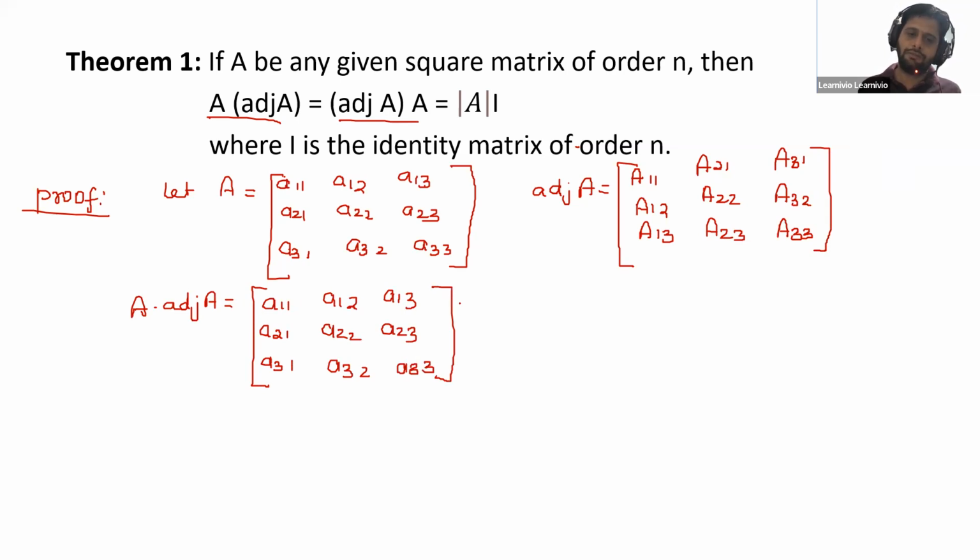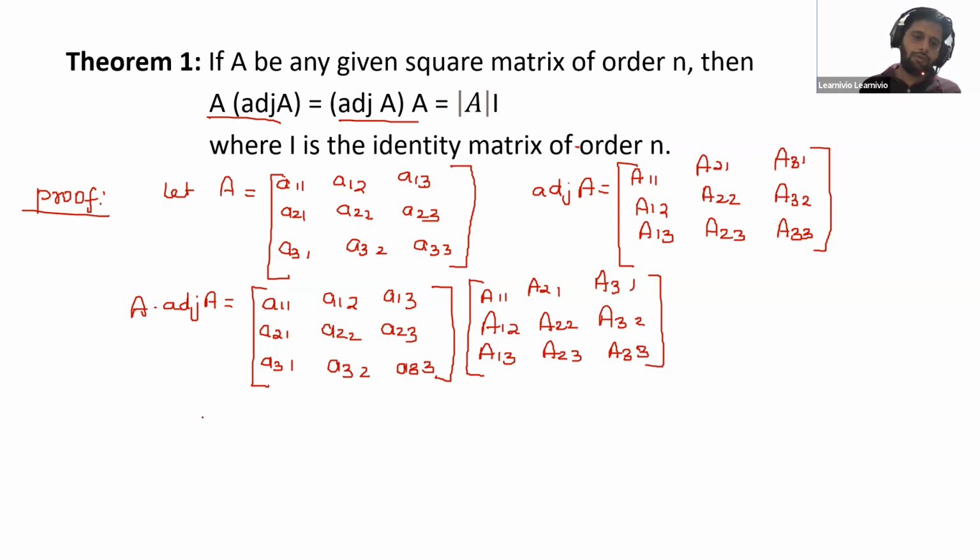Now multiply this with the adjoint, which we have already found: A11, A21, A31, then A12, A22, A32, then A13, A23, and A33. If you multiply this, the first row gets multiplied with the first column. A11 multiplies with cofactor A11, plus A12 with A12, A13 with A13, and then we add all these.